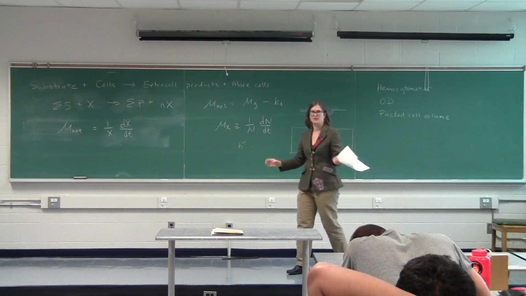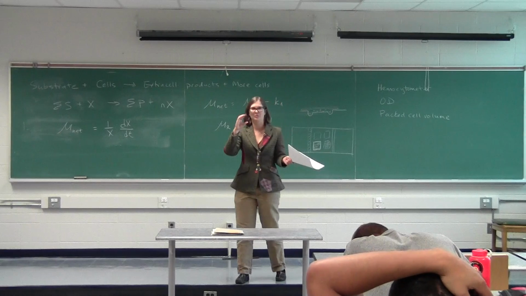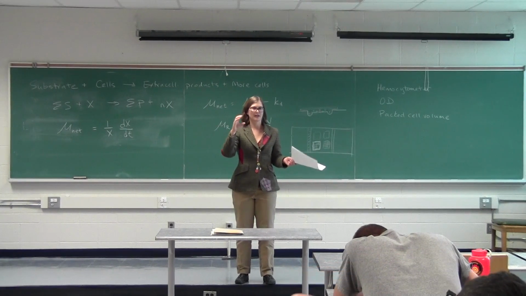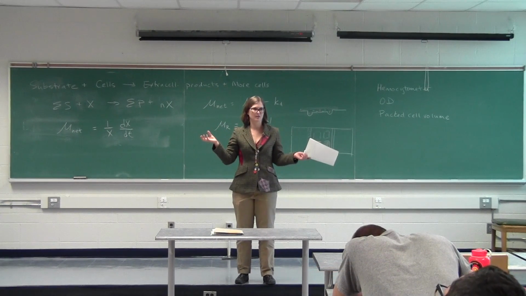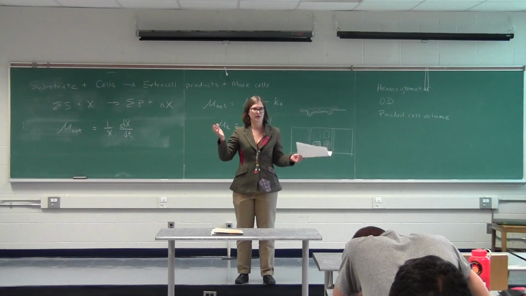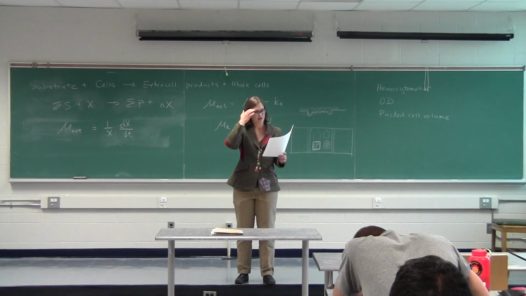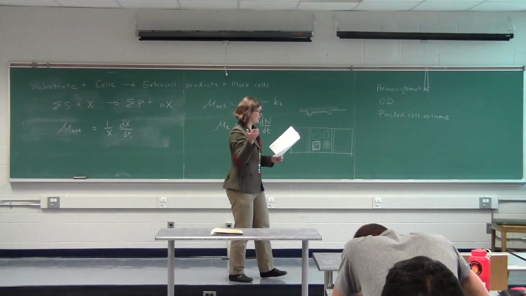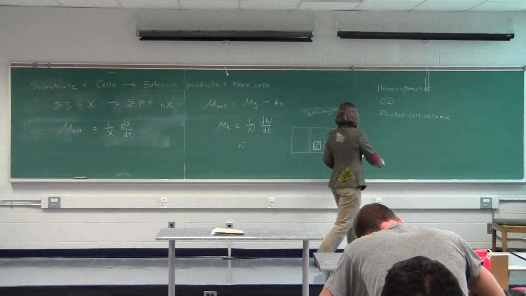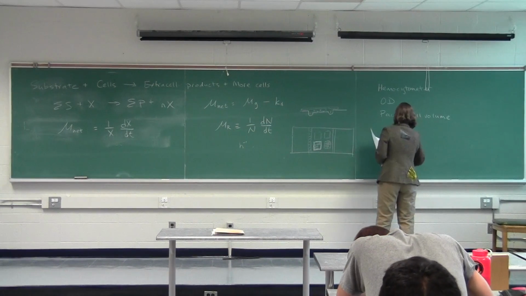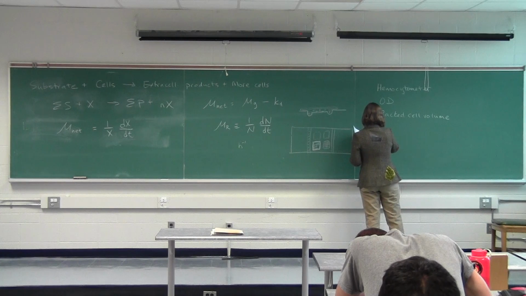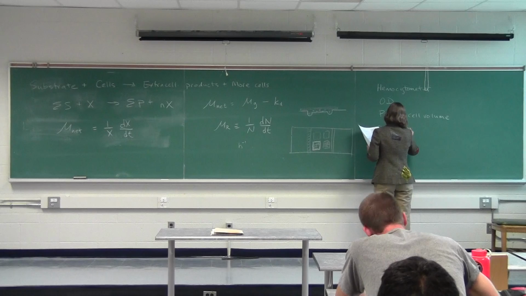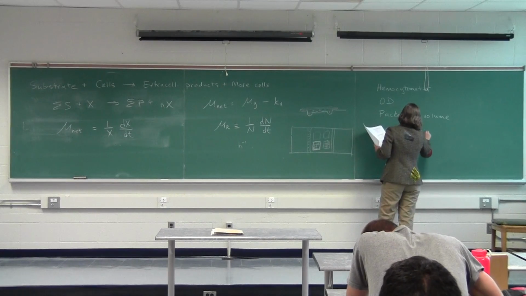You spin it down and you end up with a pellet, and you can see how big your pellet is. That can give you an idea of your cell volume, or how many cells you have. And similarly, you can take that same pellet and dry it, and get dry cell weight.